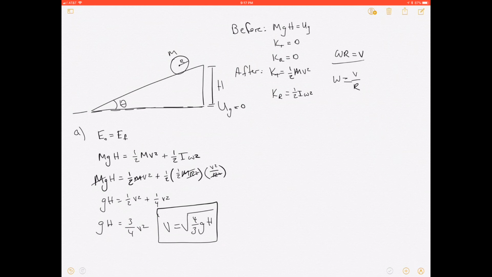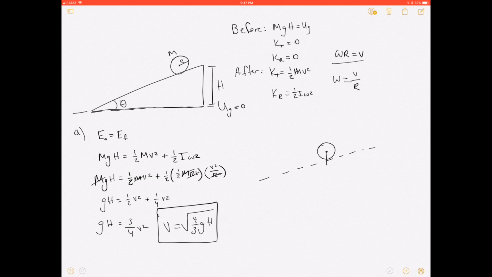Now part B is saying, on the figure below, draw and label the forces acting on the cylinder as it rolls down the inclined plane. So I'm just going to draw a line here that's going to represent our inclined plane, and we're going to draw our circle here, our cylinder.